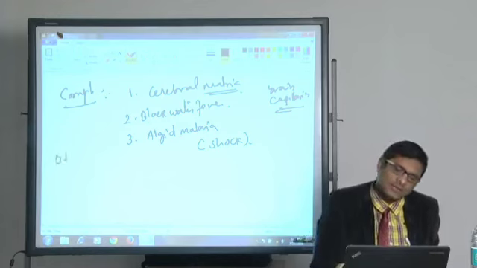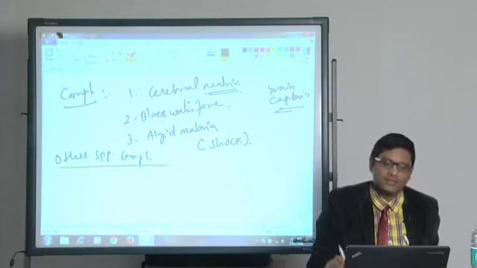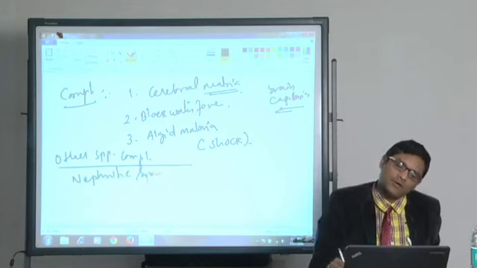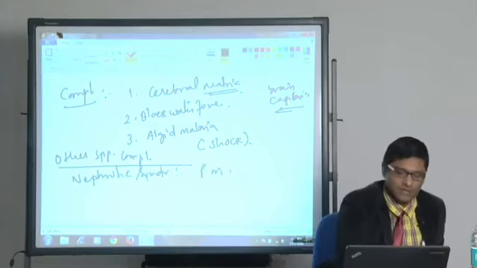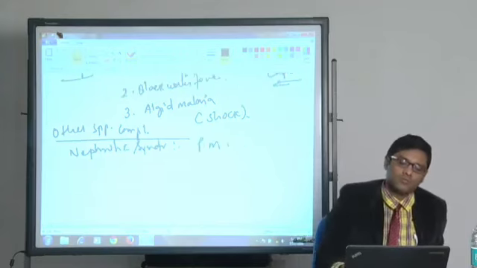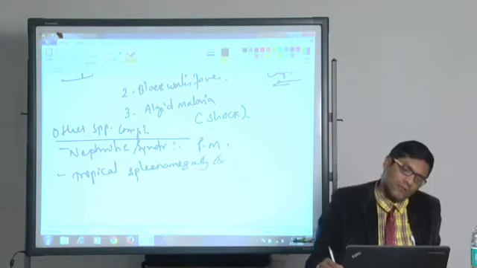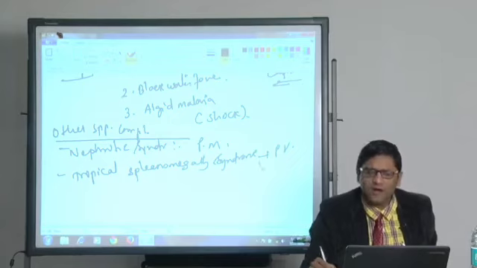Then complications seen in other species, like nephrotic syndrome. Nephrotic syndrome is a complication specifically seen in Plasmodium malariae. Then tropical splenomegaly syndrome, seen mainly in vivax, or maybe in other species also.